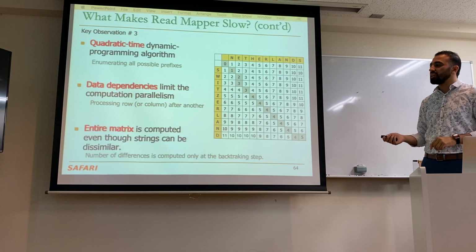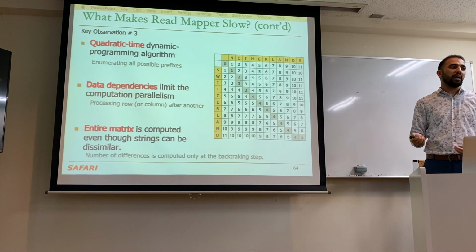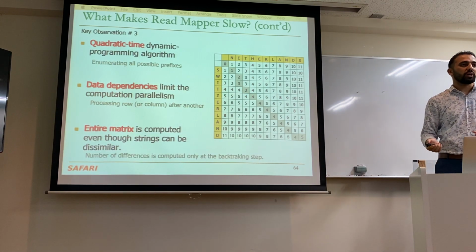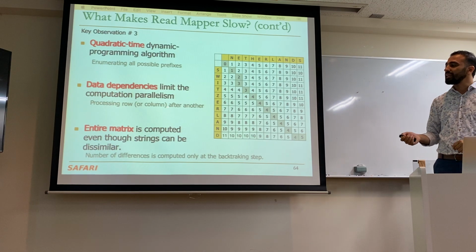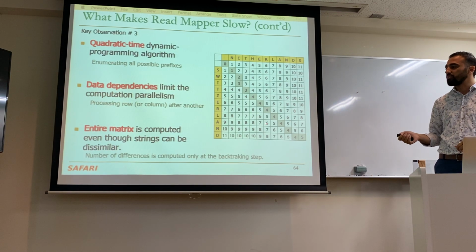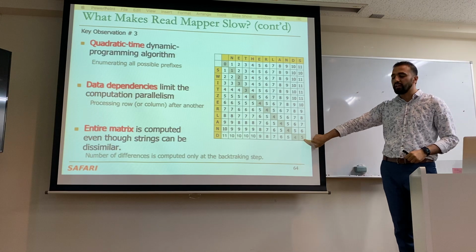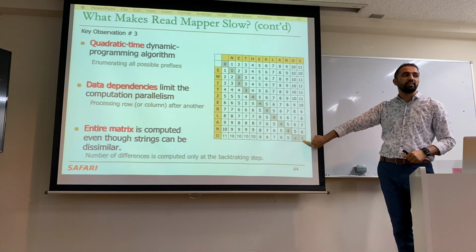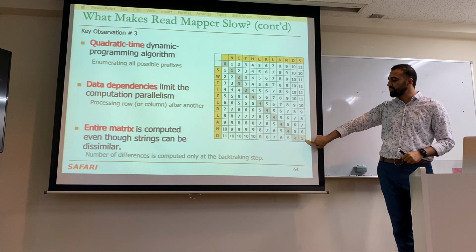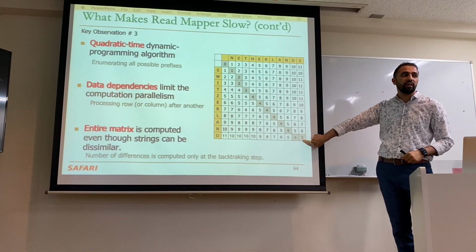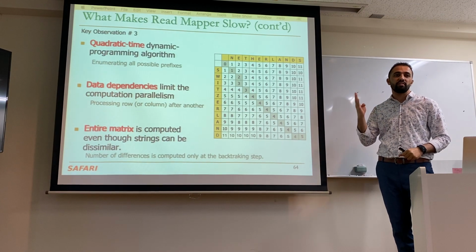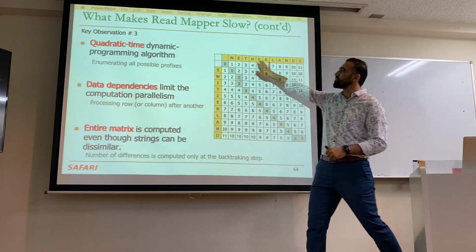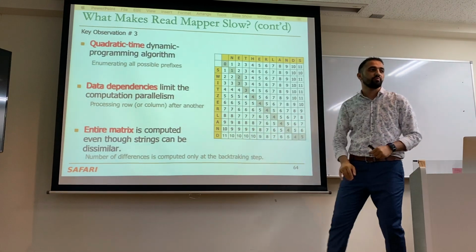And another observation: when you are doing global alignment, meaning the Needleman-Wunsch algorithm, for example, you really need to compute the entire table and reach this cell, and that cell will tell you how many differences you have. So if it has a value of 5, then you have 5 differences, and this is the minimum number between this string and that string.